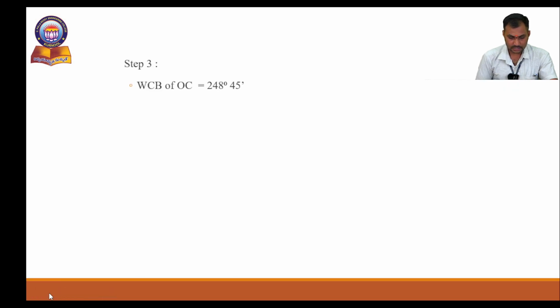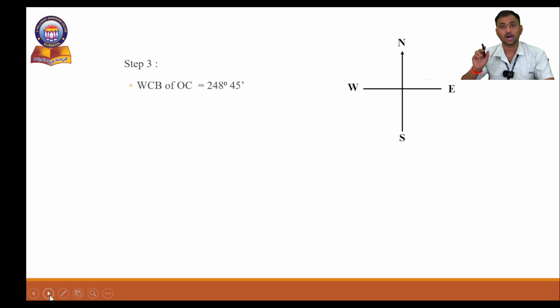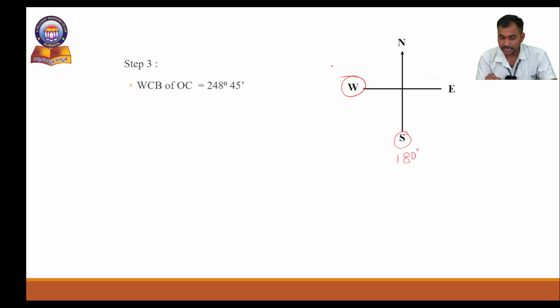Next, step 3. The given WCB, the whole circle bearing of object line OC, is 248 degrees 45 minutes. First take the directions north, east, west, south. Where will the 248 degrees 45 minutes fall? It will be in between south and west. How, sir, are you telling this? In south, 180 degrees will be there, in west 270 degrees will be there.